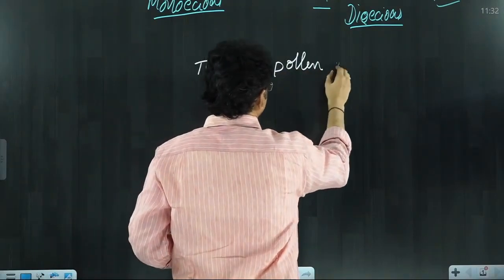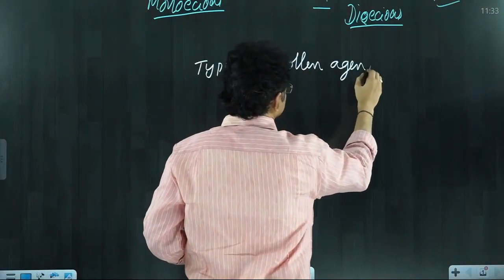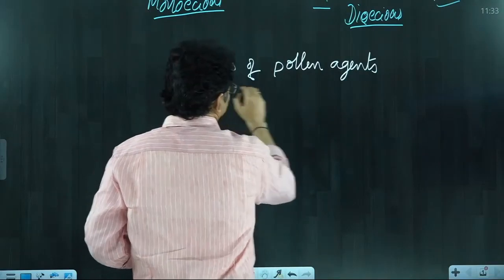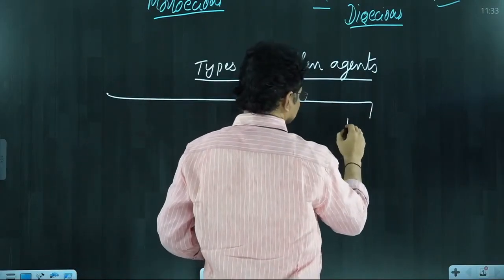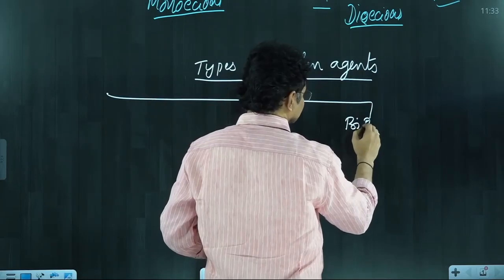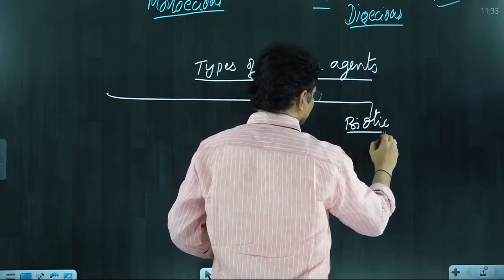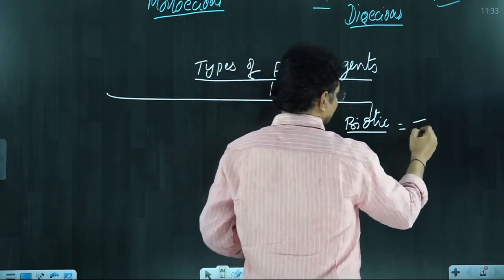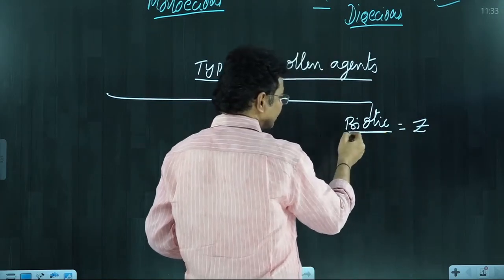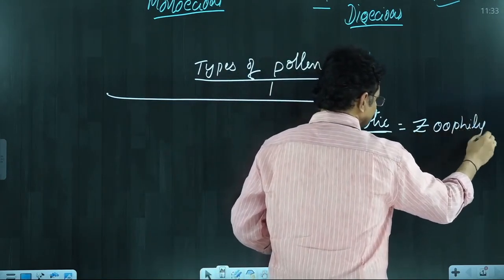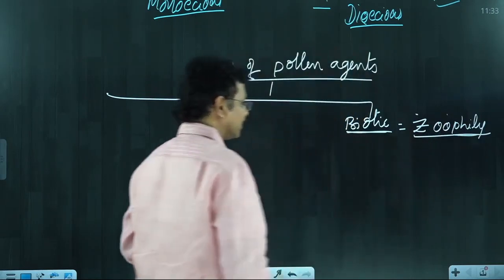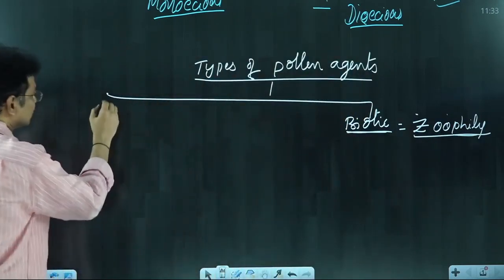Pollen transferring agents or pollination agents are mainly divided into two categories. Living agents, meaning biotic. If pollination is carried out by a biotic agent, it is called zoophily; zoo, animals, are the main pollen transferring agents.